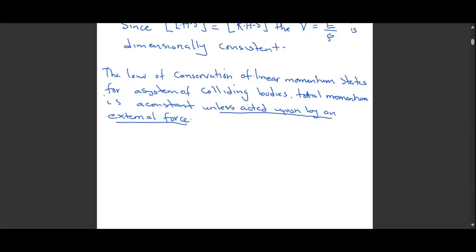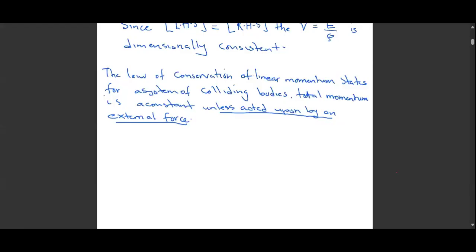So it only applies if there is no external force acting on these colliding bodies. If some external force comes and plays a part as these bodies are colliding, momentum will not be conserved. That is the principle of conservation of linear momentum.